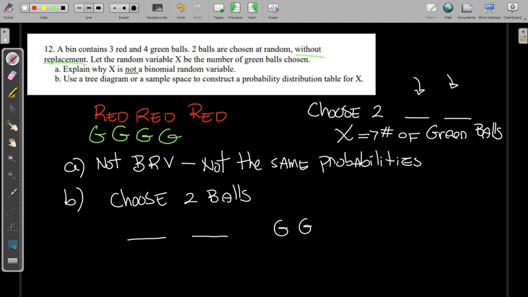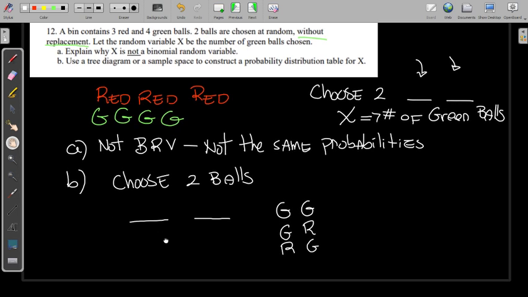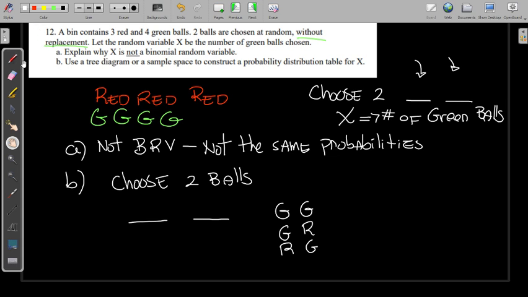That's a possibility. You can also have a green and a red, a red and a green, and a red and a red. X is the number of greens. Here we got 2 greens, here you have 1 green, and 0 greens.